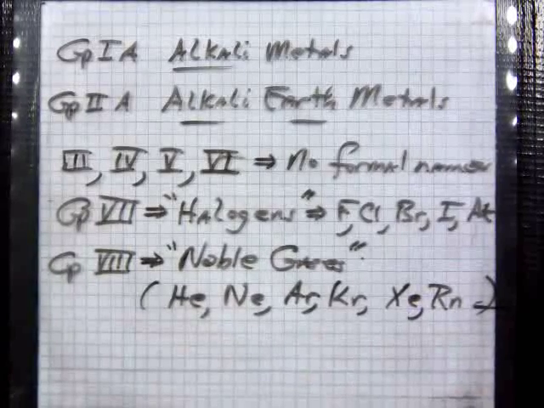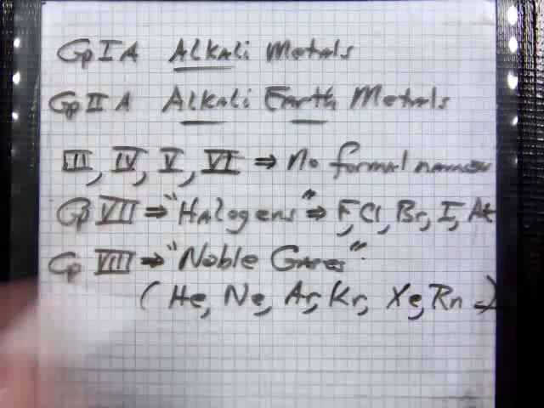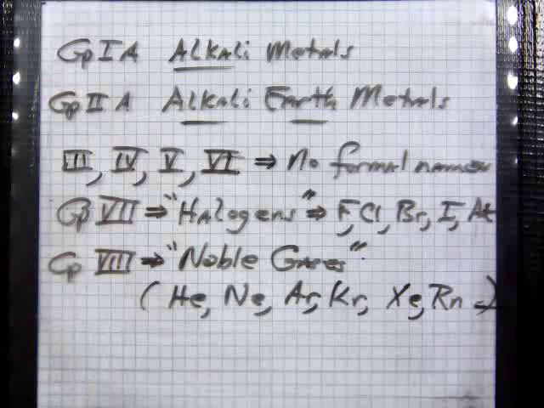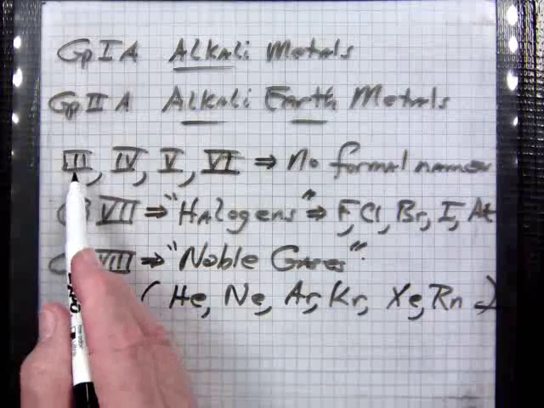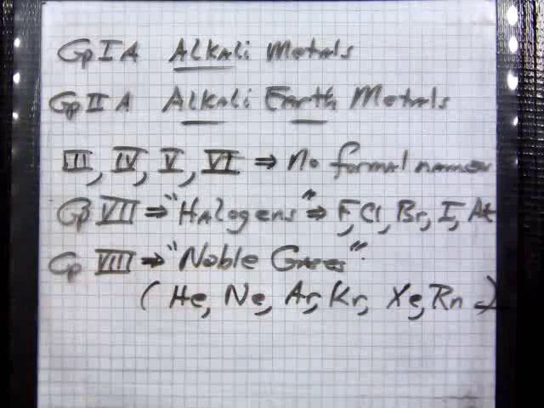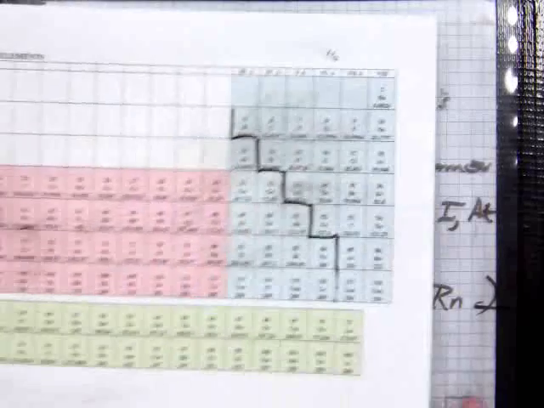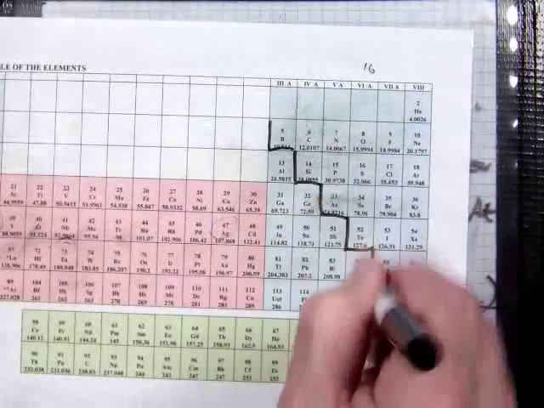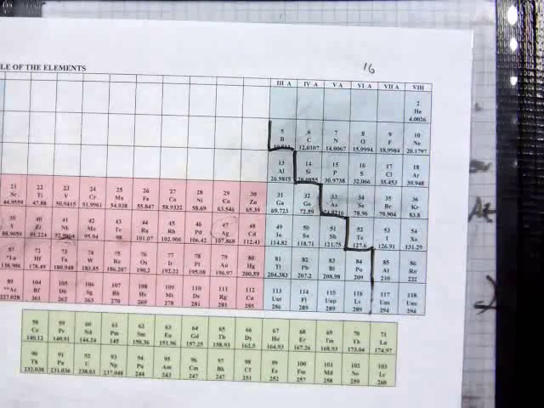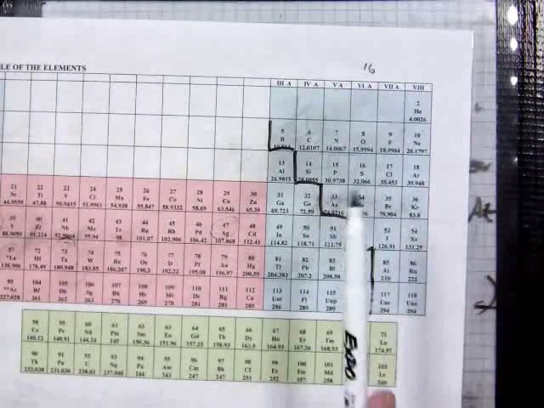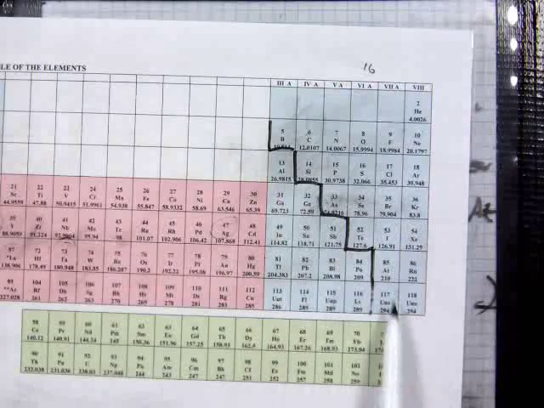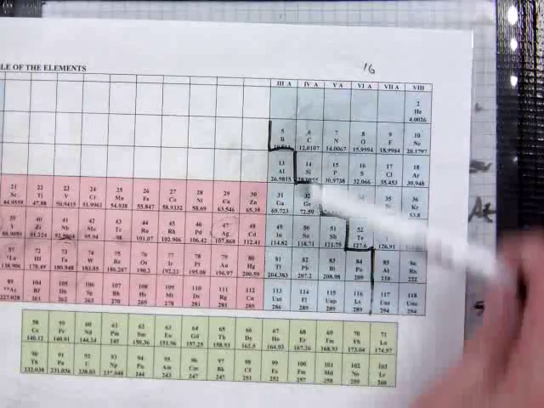Now, what's the significance of knowing the groups? Well, the name is just kind of an academic thing. Just what they're called. Sometimes groups 3, 4, 5, and 6, even though they do not have formal names, are referred to, say, as the boron group, carbon group, nitrogen, oxygen, fluorine. The reason they do not have formal names is because they are passing through this staircase as you go from top down.